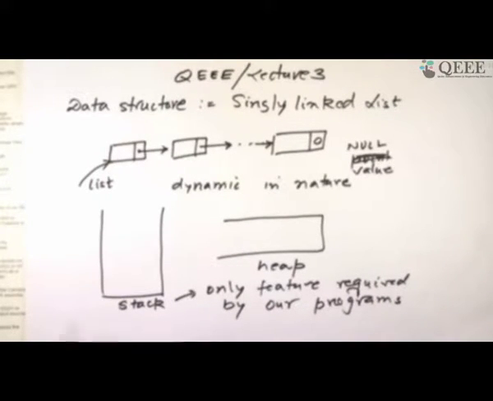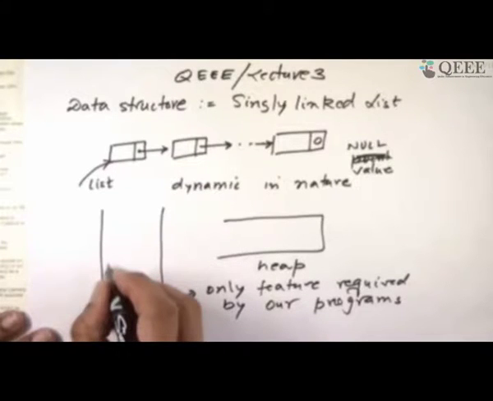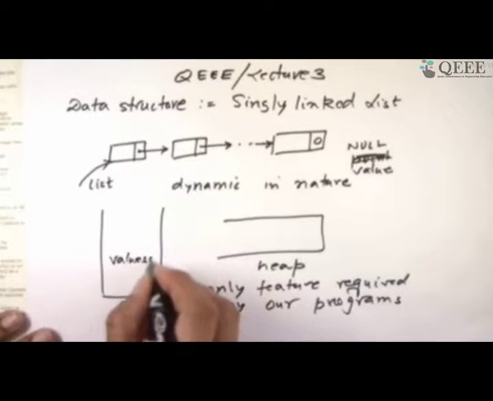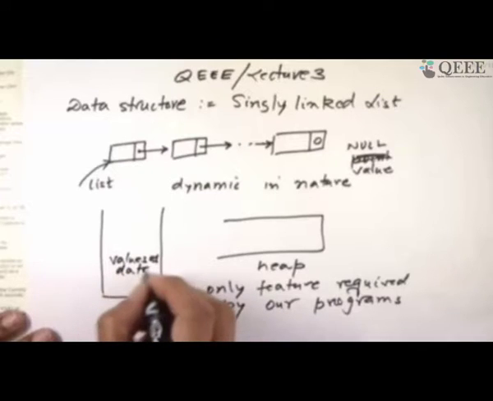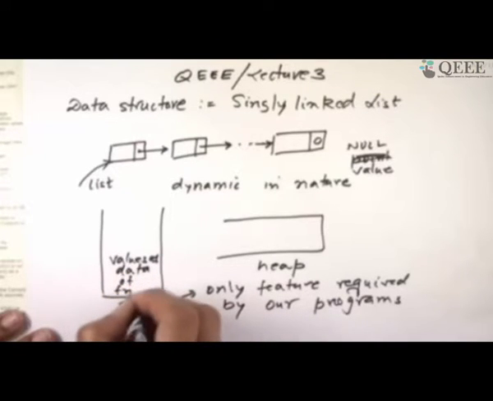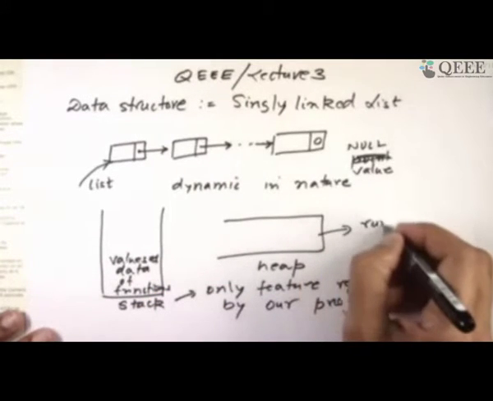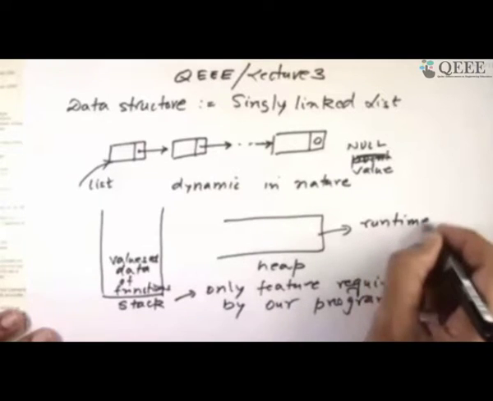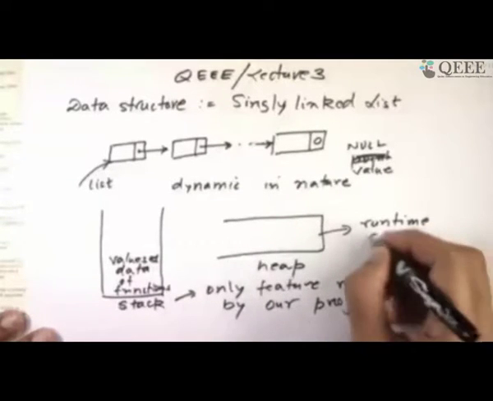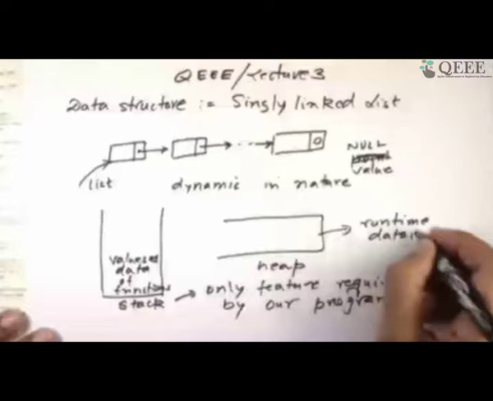So what is in the stack? These are data values of functions, no globals out here. And what is in the heap? This is where the runtime entities are stored. Runtime data is stored.